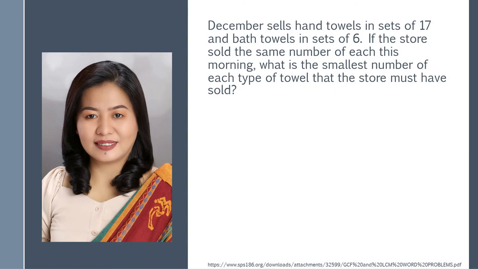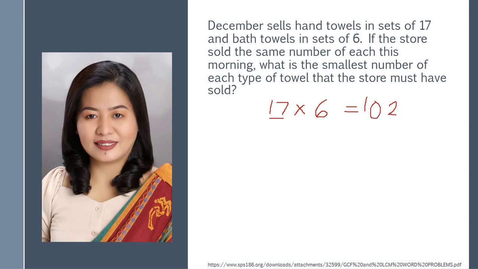So we will be having still the same process. 17 and 6. So we check first the number. Is 17 a prime number? Do we have other factors of 17 aside from 17 and 1? If we have proven that 17 is really a prime number, we just simply multiply 17 by 6. So that's 102.